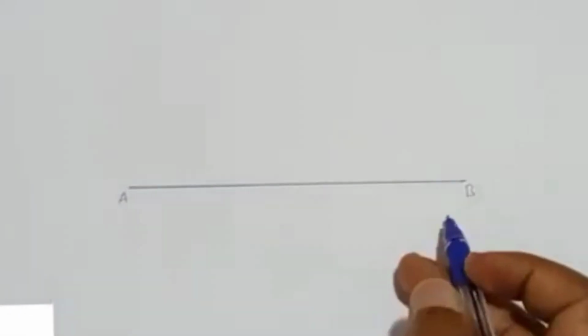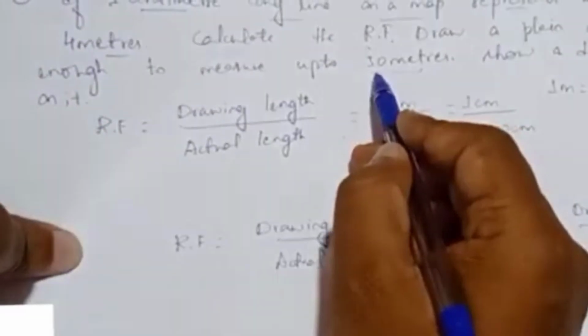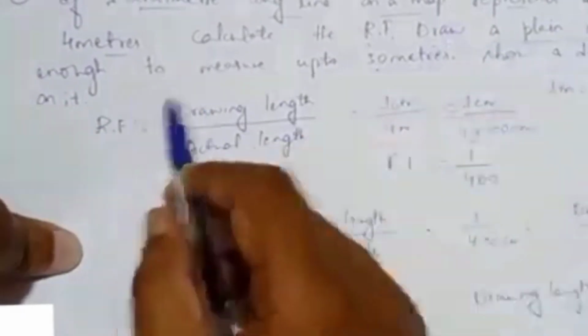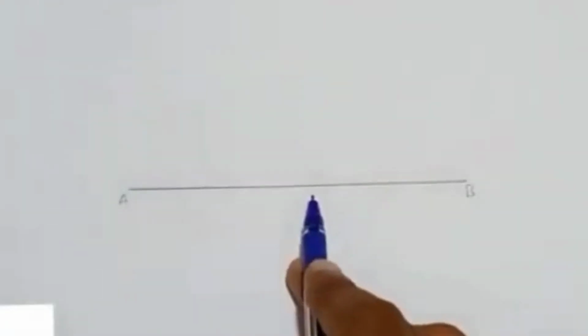Now we have to divide this line into 5 equal parts, because we have to draw a plane scale of length 50 meters. 50 means we have to make 5 parts. So how do we divide this AB line into 5 equal parts?